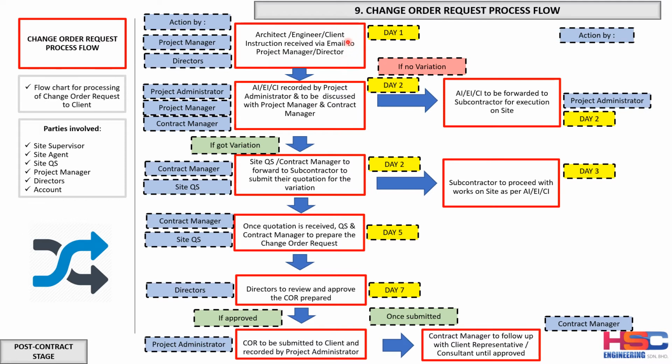Once we receive an instruction from the stakeholder, it is received via email by the project manager and project director. The architect's instruction, engineer's instruction, or client's instruction, AI, EI and CI, is recorded by the project admin.